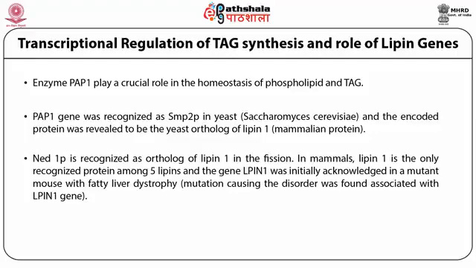In mammals, lipin 1 is the only recognized protein among 5 lipins, and the gene LPIN1 was initially acknowledged in a mutant mouse with fatty liver dystrophy.